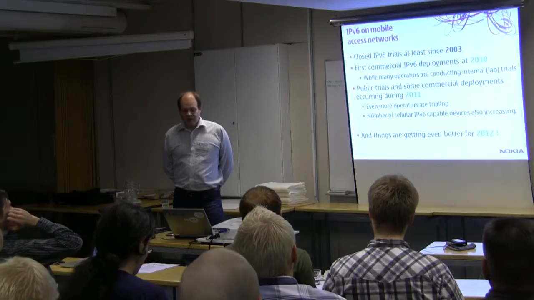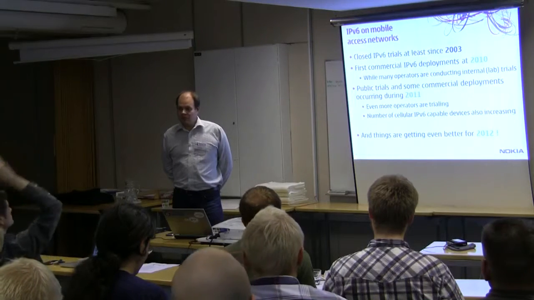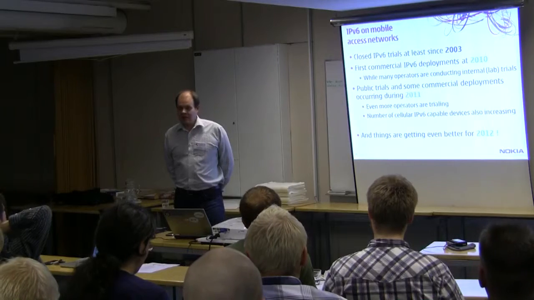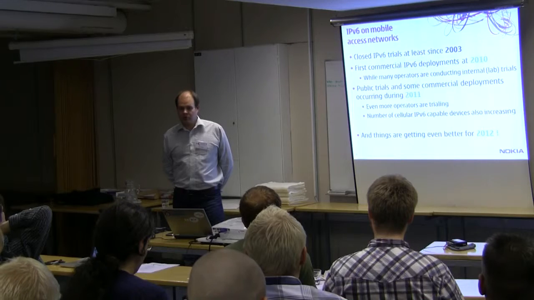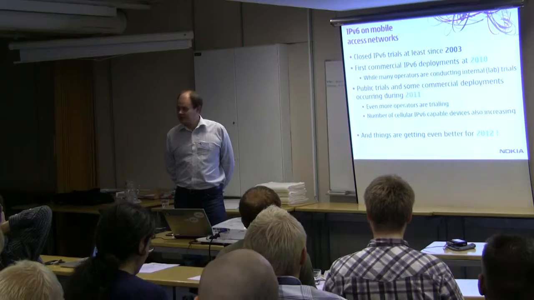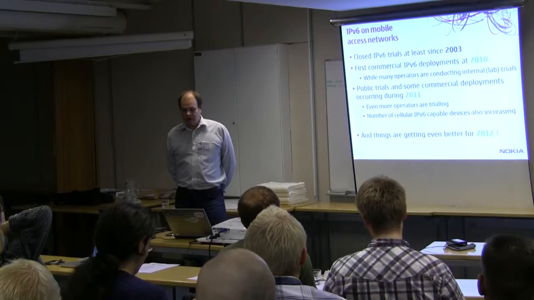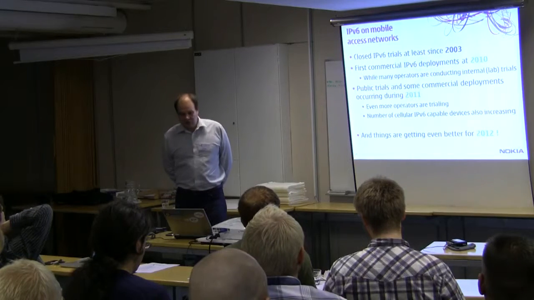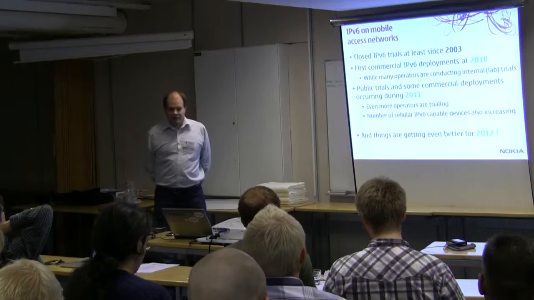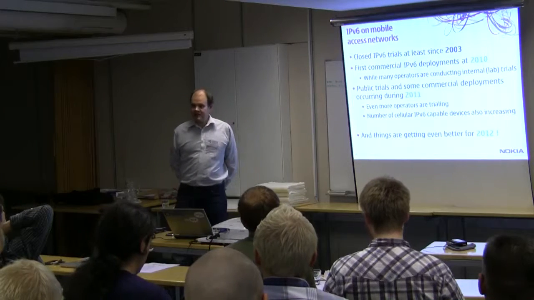Other public trials and some commercial deployments on cellular access are happening this year. Some have happened, some should occur still later this year, and lots of operators are trialing and playing around with V6. I've also noticed that the number of cellular V6 capable devices seems to be increasing.